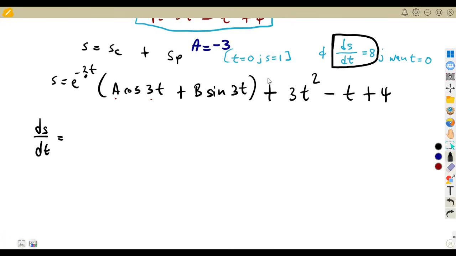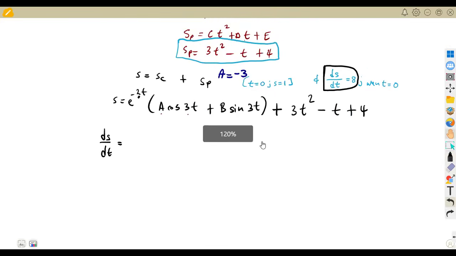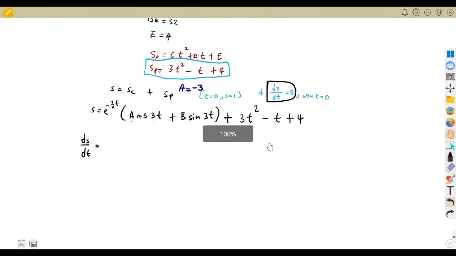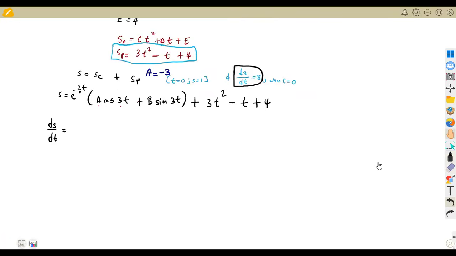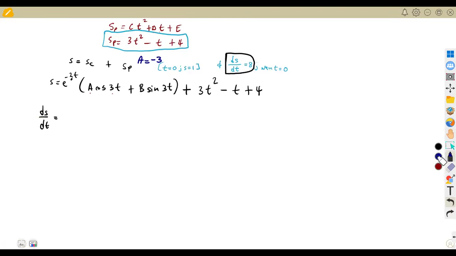So let's differentiate. All right, the first part here, we have got a product. We could have expanded, then differentiated, but no problem. Let us do this aside. Let us differentiate here. Remember our product rule. All right, this is our u, this is our v.